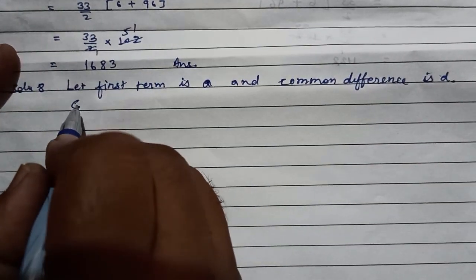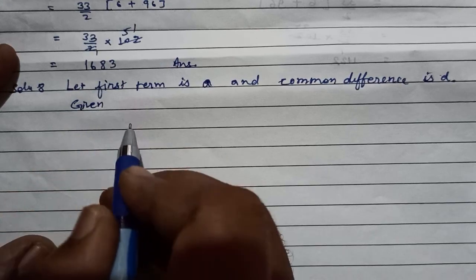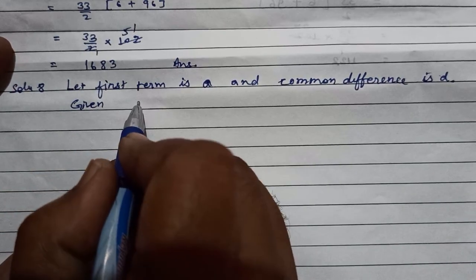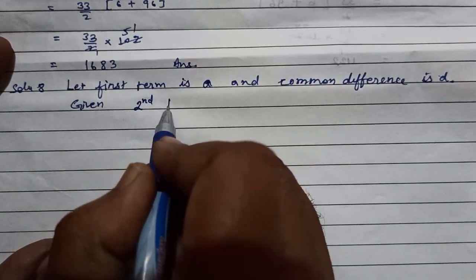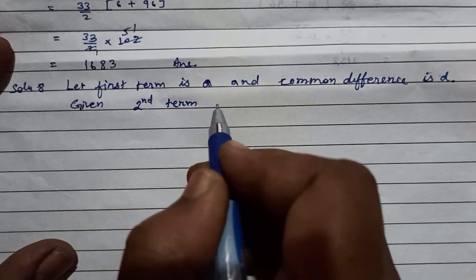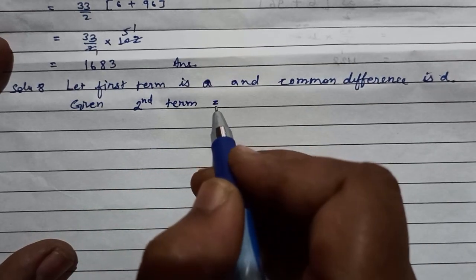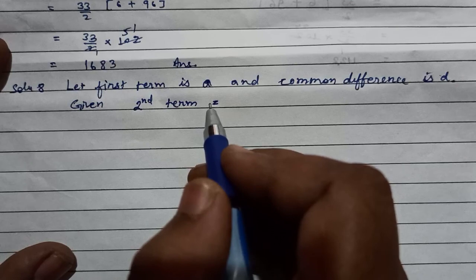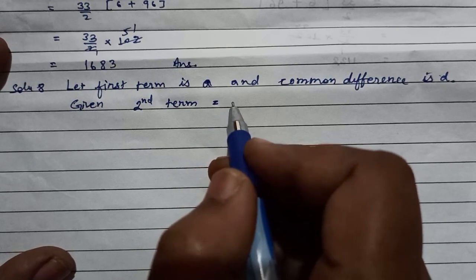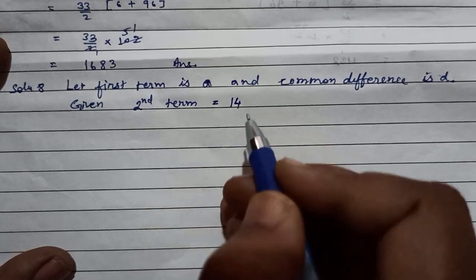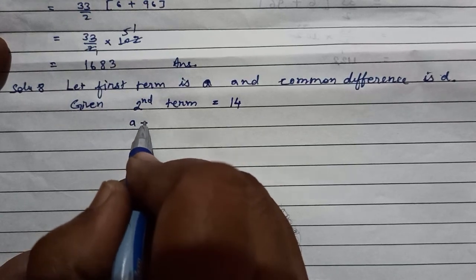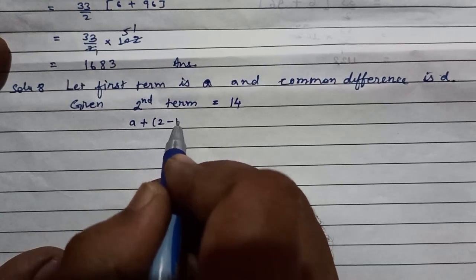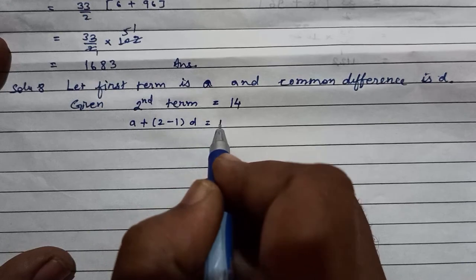Given: second term is equal to 14. a plus 2 minus 1 into d is equal to 14.